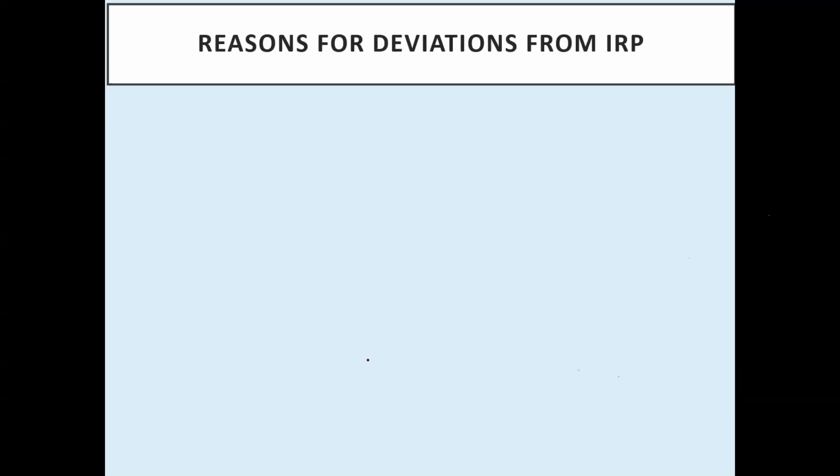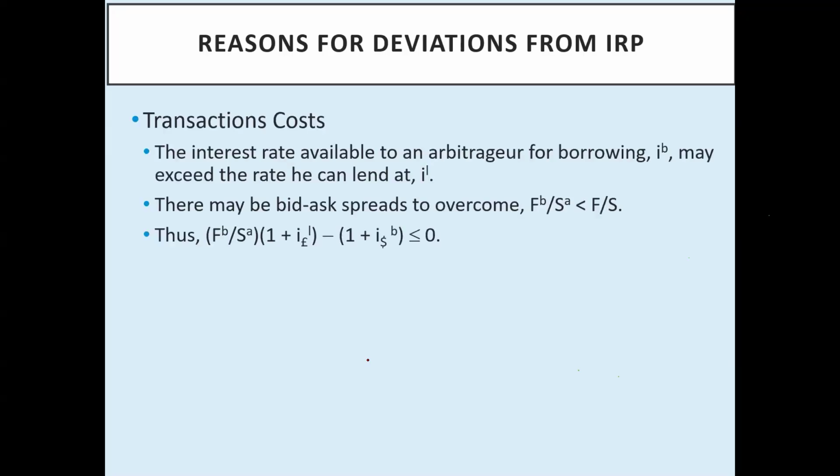All right. So we have said before that the IRP should hold, otherwise there would be arbitrage. And finally, the arbitrage activities will bring the IRP back to equilibrium, right? But in real life, sometimes there could be discrepancies between the theoretical IRP rate and the actual forward rate.